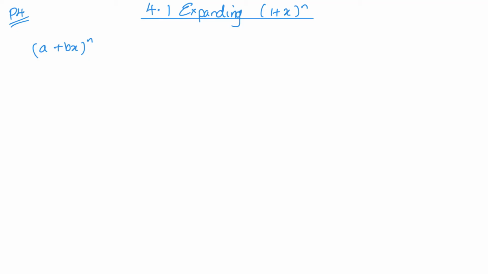Now in P2, what you actually started off looking at is (a + b)^n. And this was a^n plus, if you remember using your nCr, and each time you're increasing, your power of a is decreasing and your power of b is increasing.